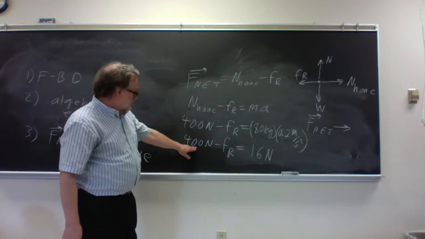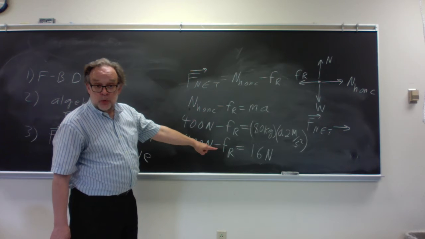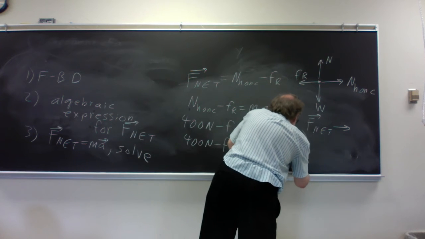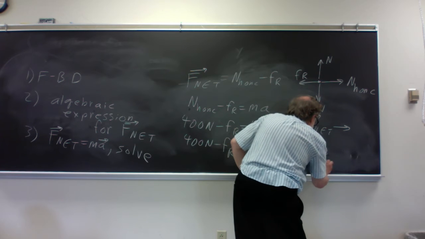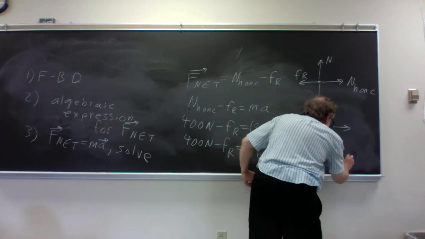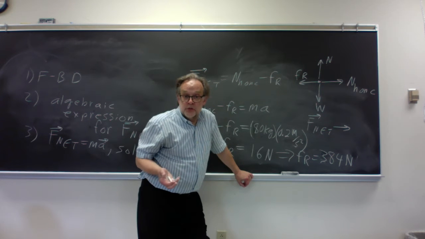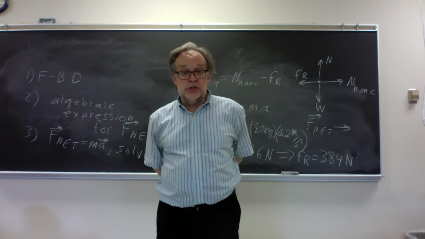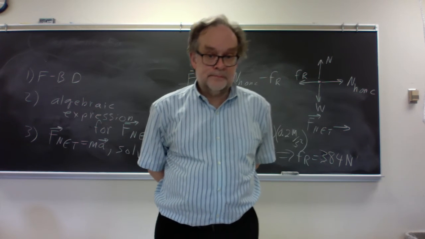So in other words, my pushing force is 16 newtons bigger than the backwards pointing rolling friction force, which means rolling friction has a magnitude of 384 newtons, or rounded off to 380 newtons, since we only have 2 digits of information in any of our inputs.